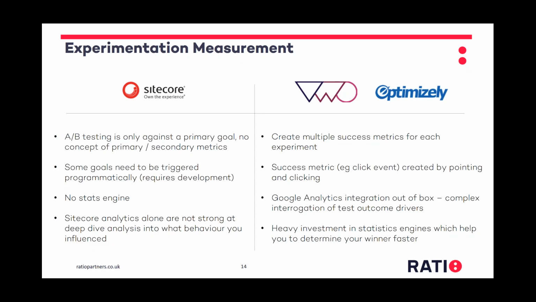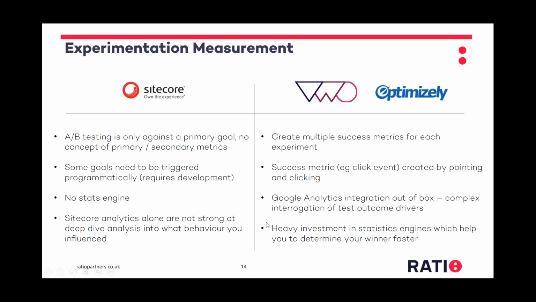In VWO and Optimizely, it's very much just a point and click interface to select a goal in the form of some sort of interaction. Or if it's a thank you page, for example, that is the goal for the experiment, then you can just enter in the URL of the thank you page, and it will start to pick up the number of users that are getting there.